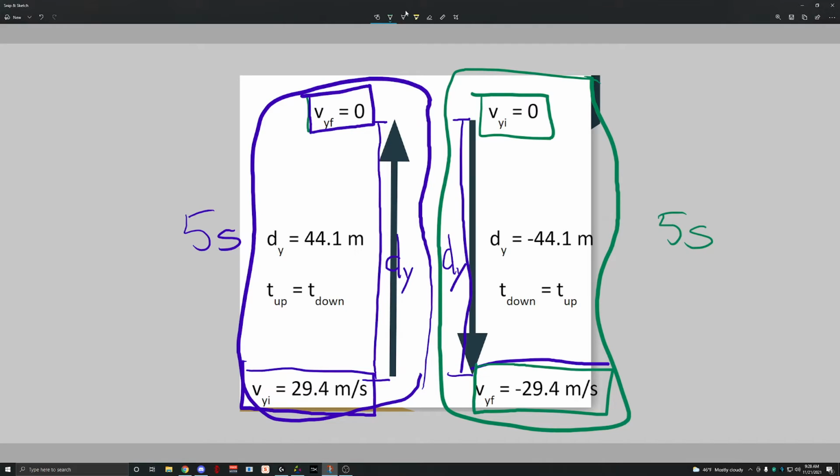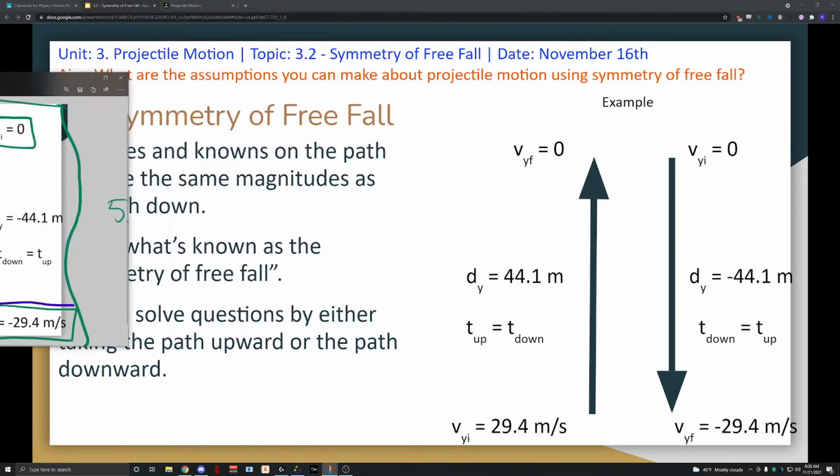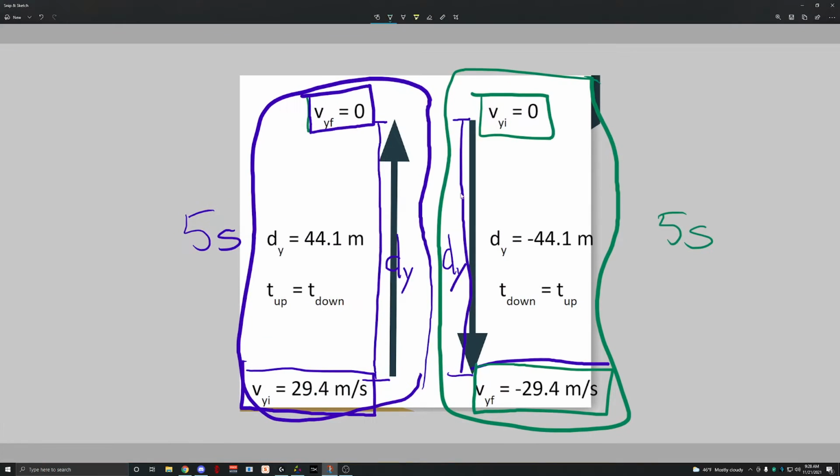And so the bottom would be a final velocity of negative 29.4 meters per second, and your initial velocity on the path downward would be 0. You can use either one of these assumptions to solve problems, because when you're solving problems, you're either going to take your path up or you're going to take your path downward.